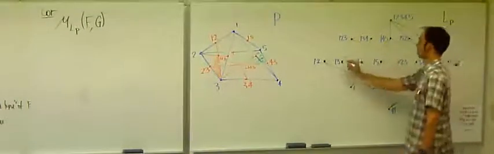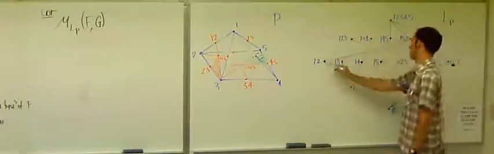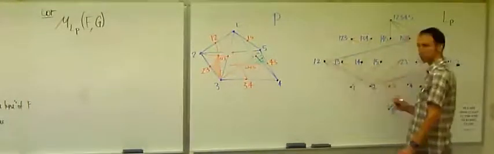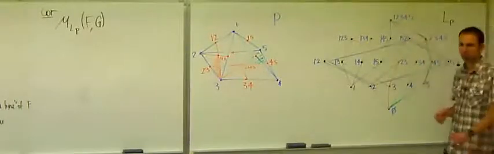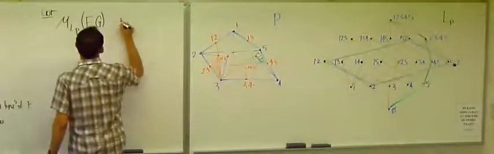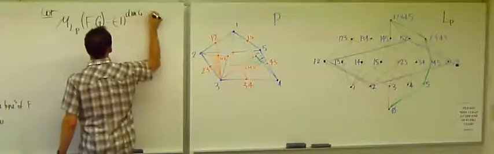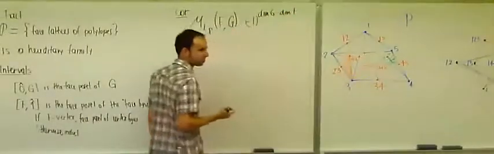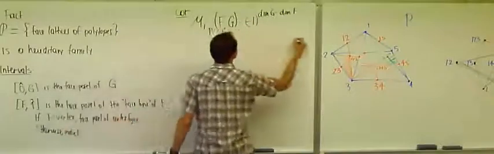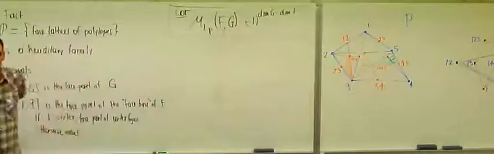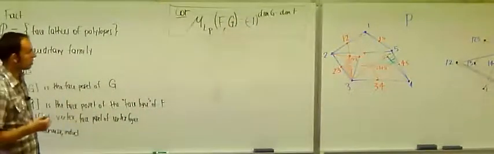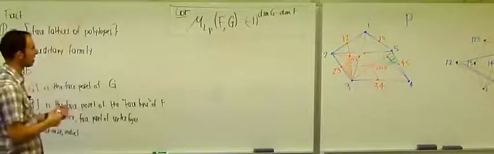Okay. And you know that this square is the face poset of a polytope. Right? And being that it's the face poset of a polytope, its Mobius number must be -1 to the appropriate power. Okay? And so what you get here is that this is equal to -1 to the dimension of G minus the dimension of F. Okay? So this is the full Mobius function of any face lattice of a polytope. It just alternates 1, -1, 1, -1, etc. Okay?